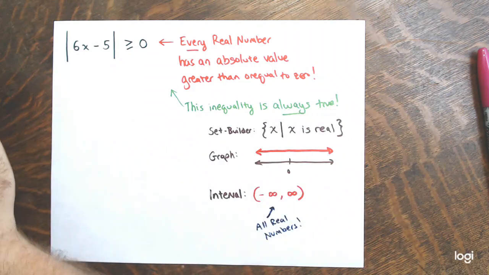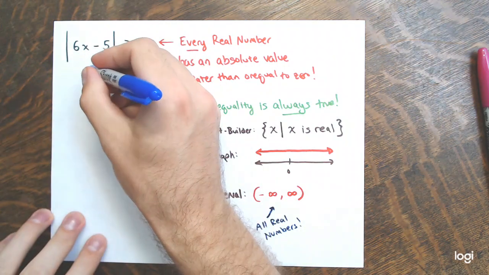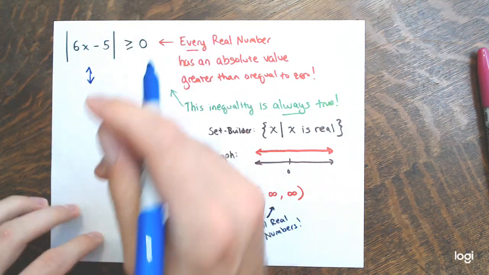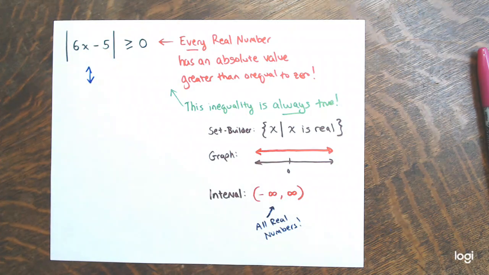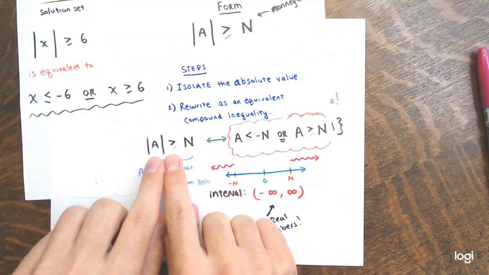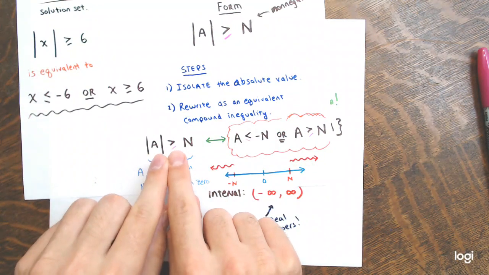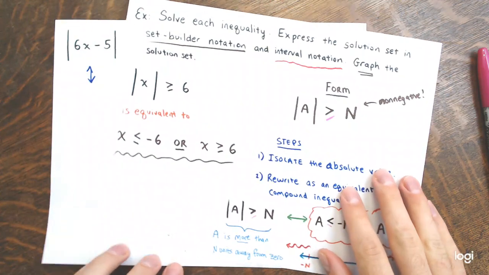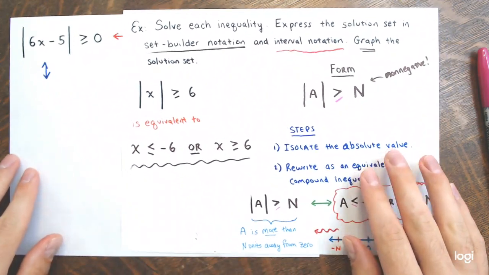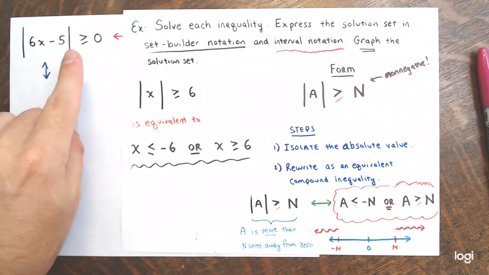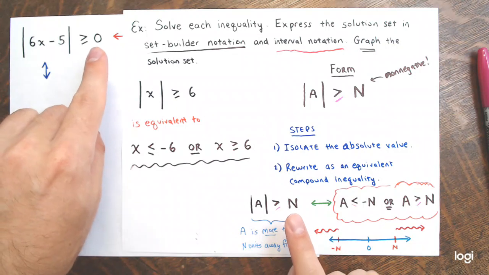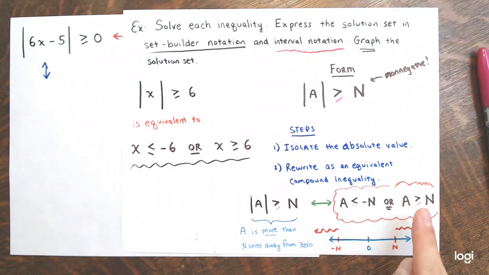Say we didn't recognize this, and I decided to continue following along with my little model here, where I have the absolute value of something is greater than or equal to a non-negative number. That is exactly what's happening right here. So I can write it in this equivalent compound inequality with the word or.